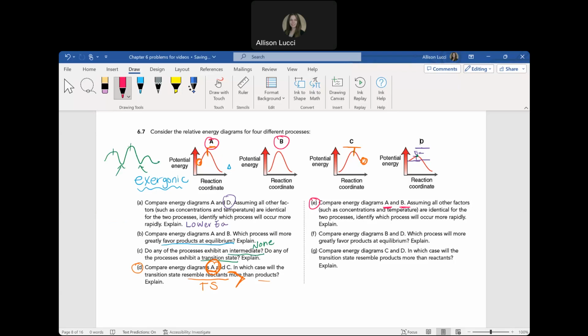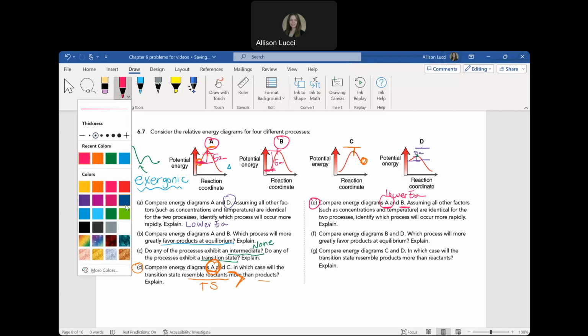So this is another instance where we could look at our reactants compared to our transition state and look at the relative activation energy. So between A and B, we would see that process A would occur more rapidly because it has a lower activation energy. So process A has the lower activation energy.